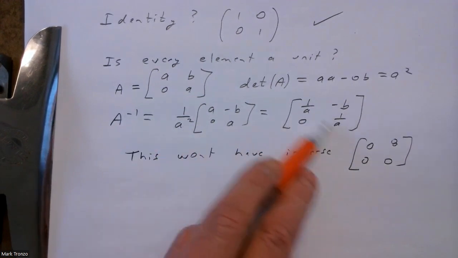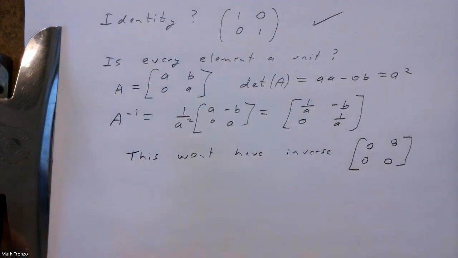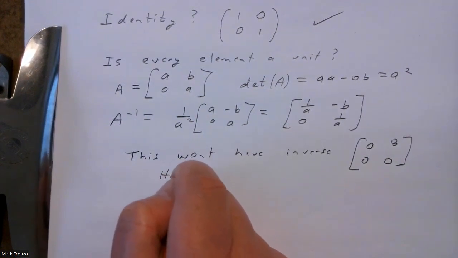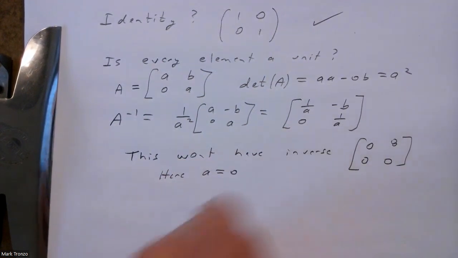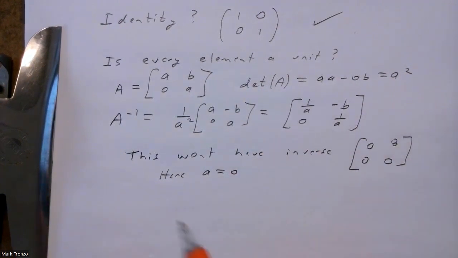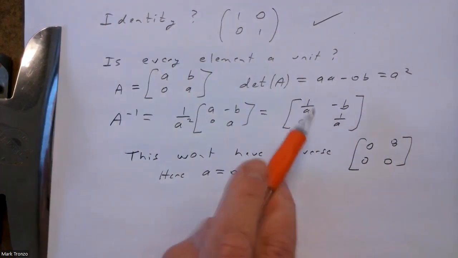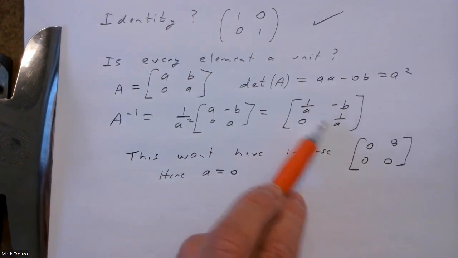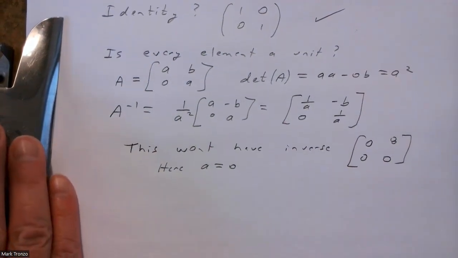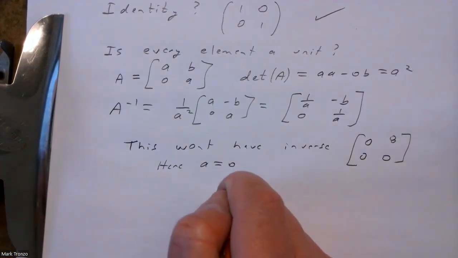So we would have 1 over a like that. In other words, in this case a is 0, and when we tried to find its inverse, it would be undefined because 1 over a would be undefined. So no inverse.